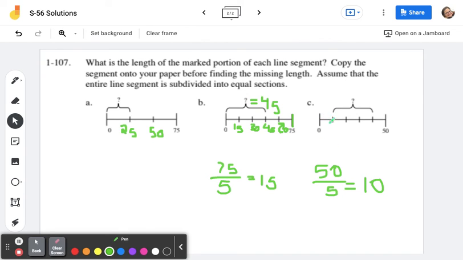So my first section will go 0 to 10, then another 10 would give me 20, then 30, then my last section would be 40. But then the question is, okay, between 10 and 40, how many sections is that? 1, 2, 3. So that little area in there is going to be worth only 30 units because I started at 10 and I went to 40.